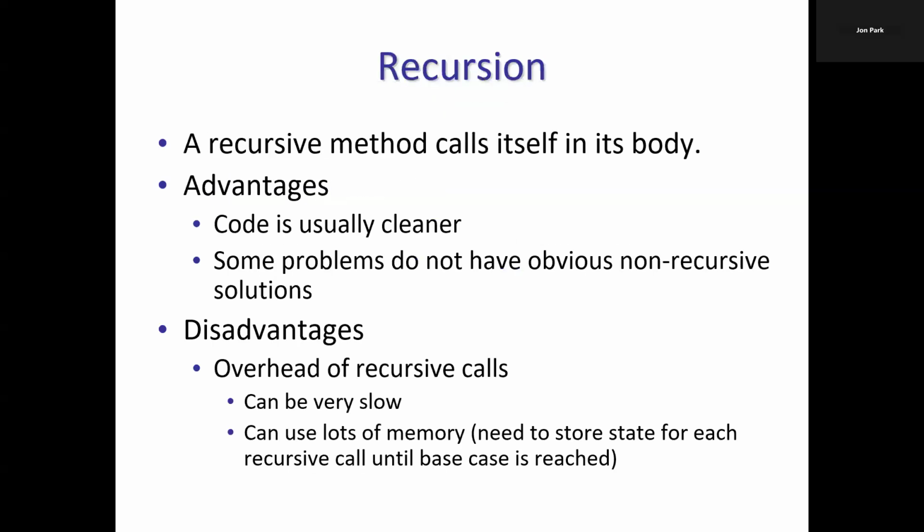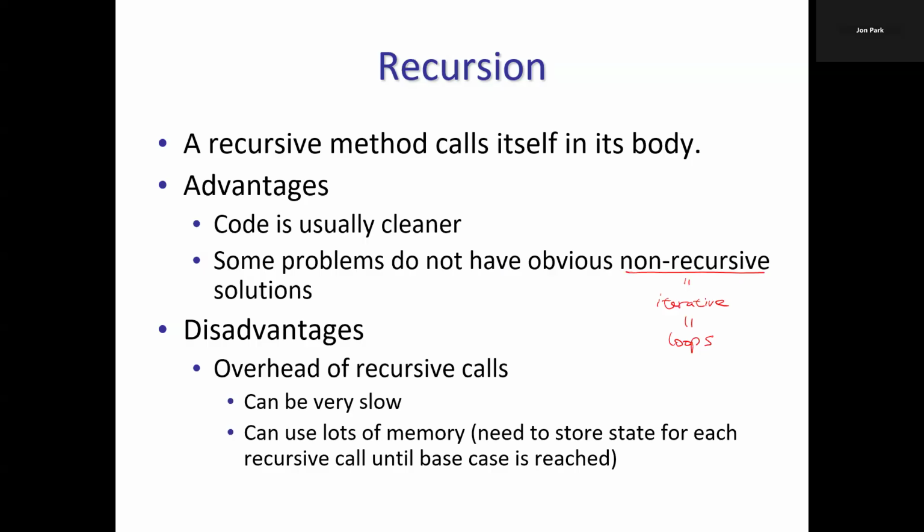So what is recursion? A recursive method, in short, calls itself within its body. There are pros and cons to this. The code is usually cleaner. That's probably the biggest benefit of writing something recursive. Otherwise, you would just use an iterative approach. Non-recursive means iterative, which basically means using loops.